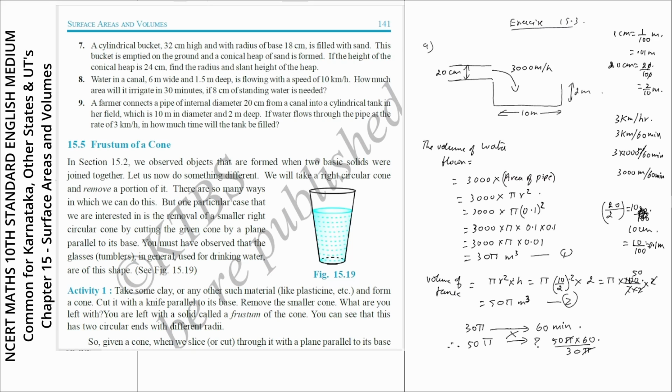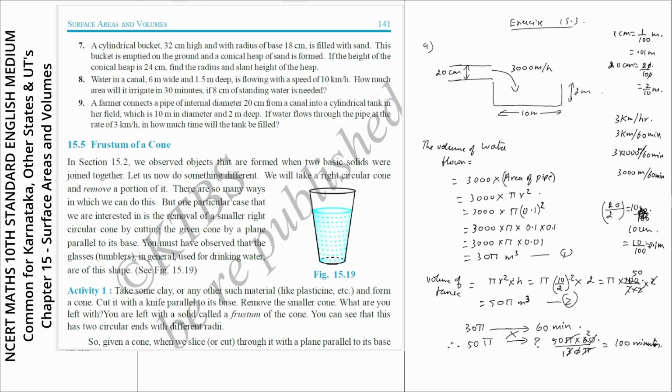Pi will get cancelled, 0 will get cancelled, 3 ones are 3, 3 twos are 6. Now 50 into 2 is 100, so 100 minutes. So with the given pipe, if the rate of flow of water is 3000 meters per hour or 3 kilometers per hour, it takes 100 minutes to fill this tank, with diameter 10 meter and depth 2 meter.